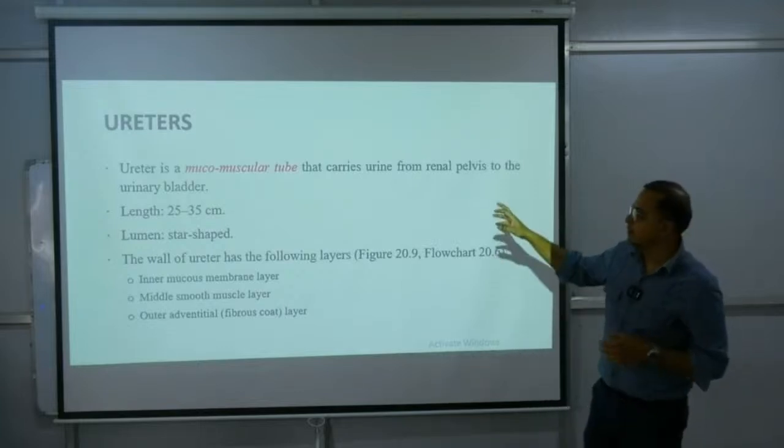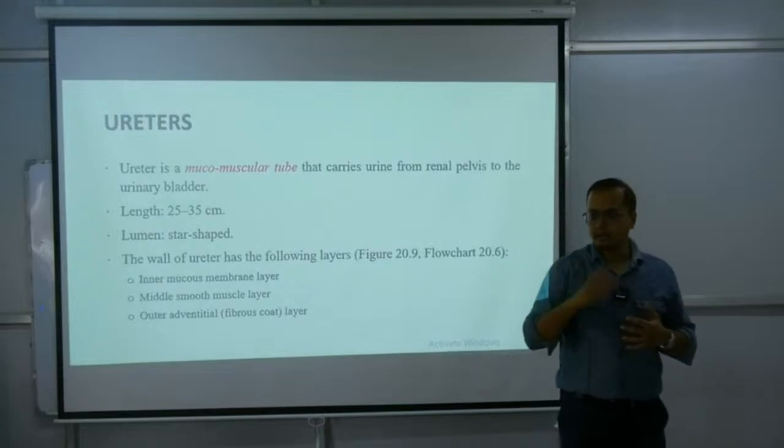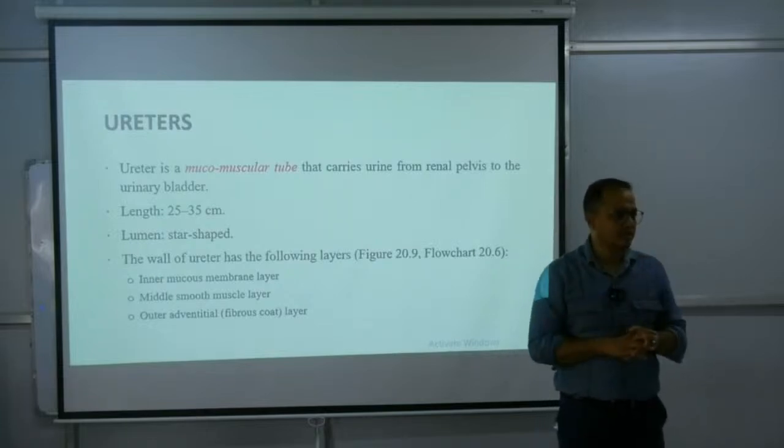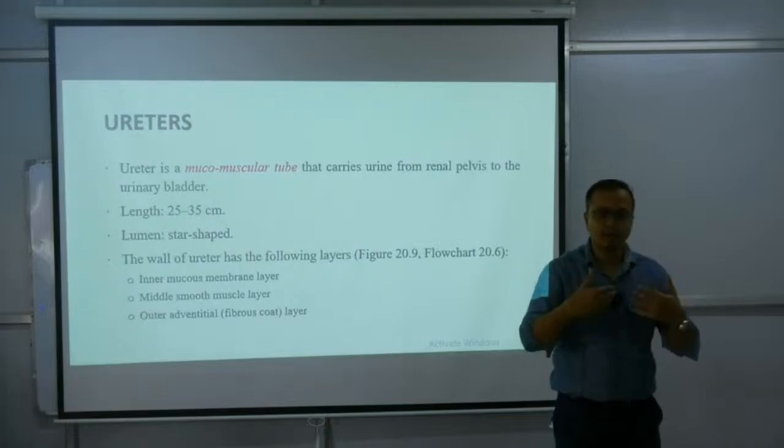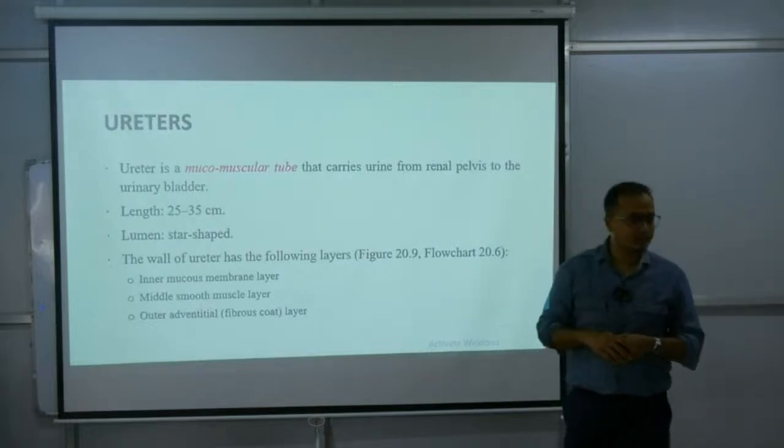Now, this ureter is basically a pipe or tube, on the right and left side, and is a retroperitoneal structure. That means it's pasted on the posterior abdominal wall, lying on the muscles of the posterior abdominal wall. This ureter is a muscular tube.